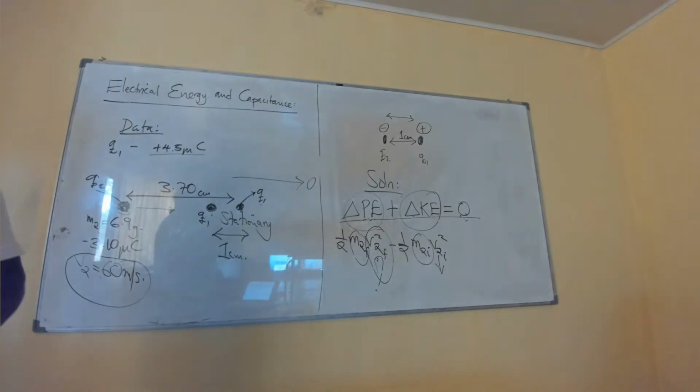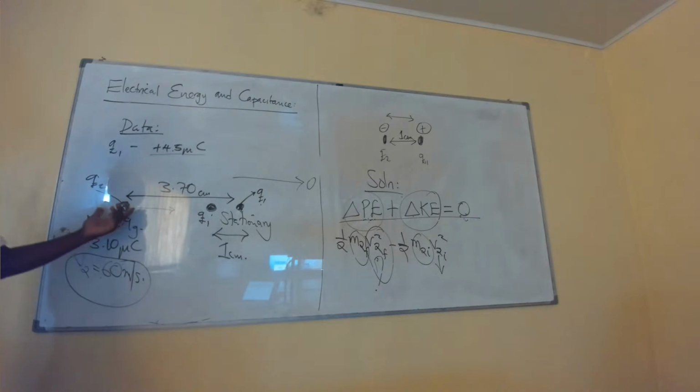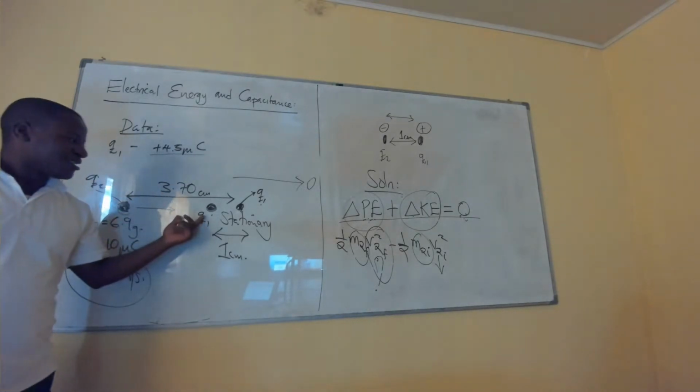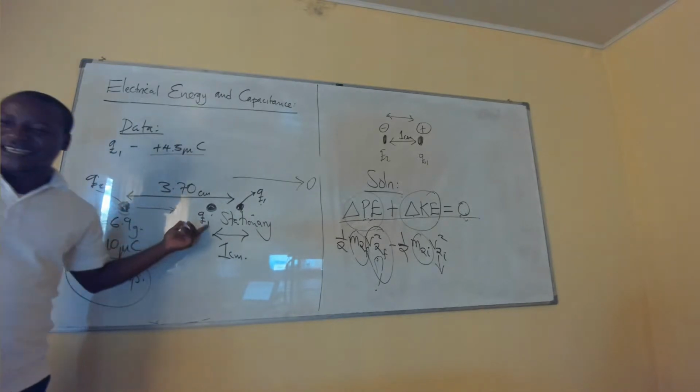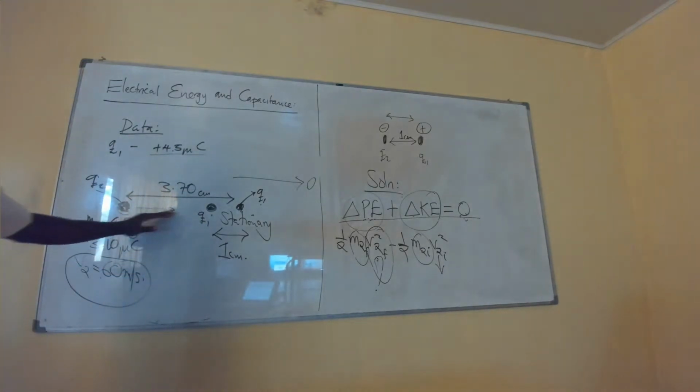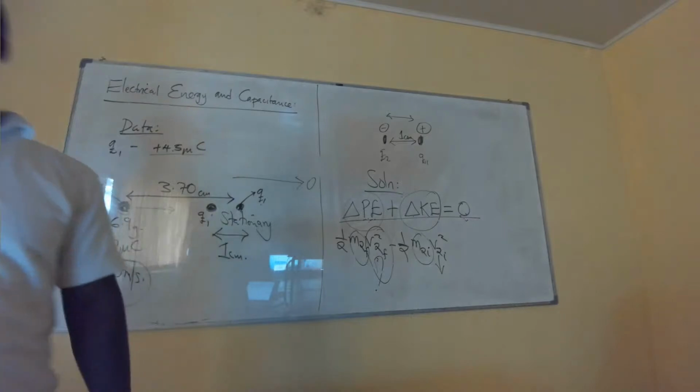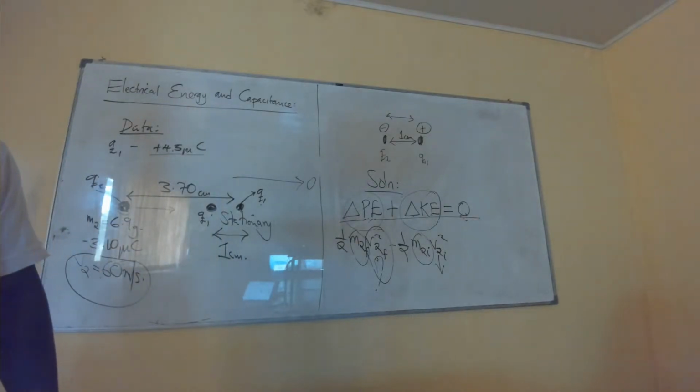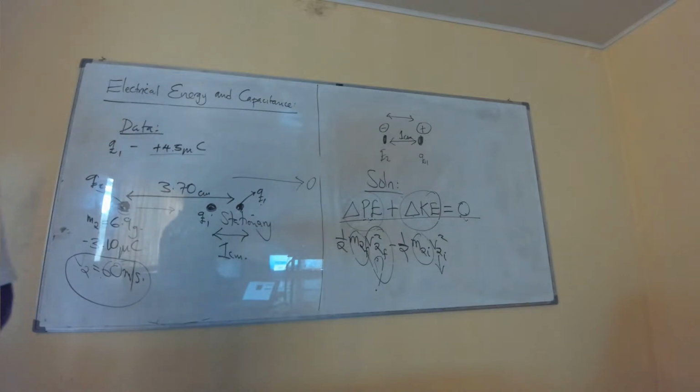In other words, the potential energy here has decreased because initially it was at rest, but now it is in motion. The potential energy has decreased, but the kinetic energy has actually increased. So it's that simple. So moving forward, we look at the next part, which is what is called capacitance.